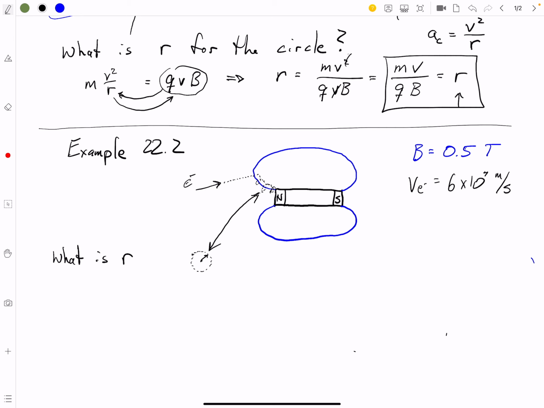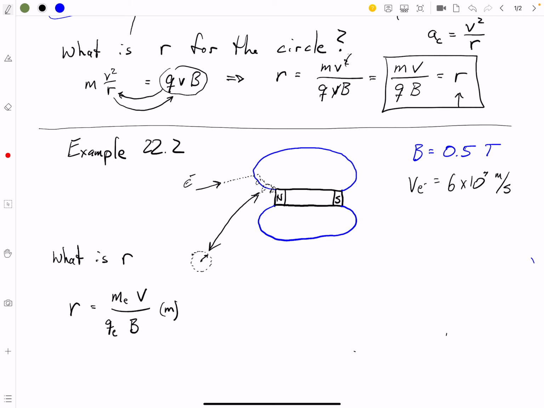We use R is equal to the mass of the electron times the velocity of the electron divided by the charge of the electron times the B field. What's that going to be in? It's going to be in meters. So let's just stick some units on there.